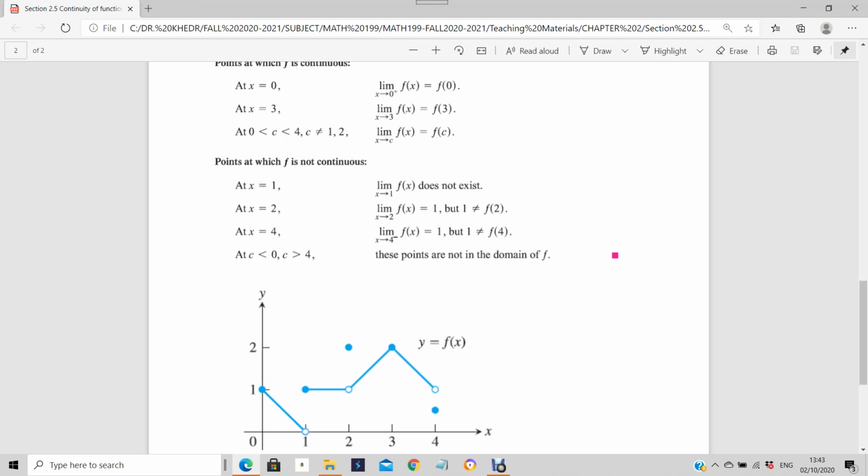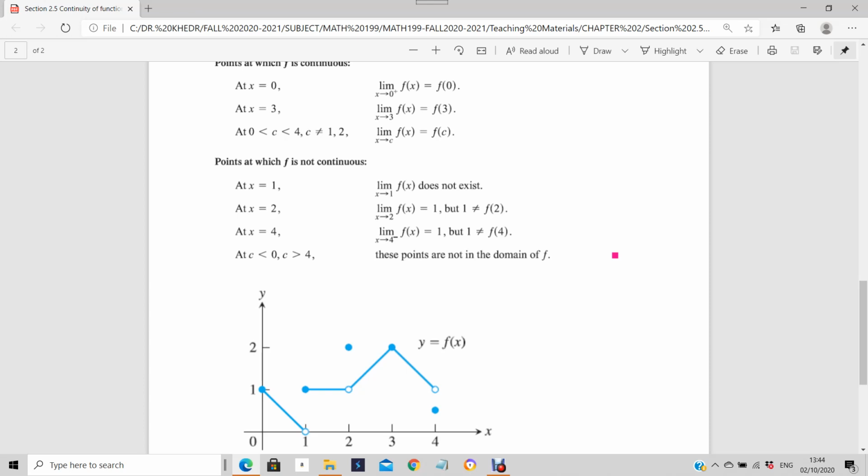At x equals 3, the graph is not broken. How about at x equals 2? The graph is broken, there is an open circle. And how about at x equals 4? You can see here at x equals 4 the function is not continuous. We'll say the function is not continuous from the right because this is the right end.